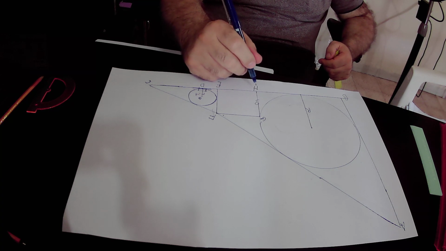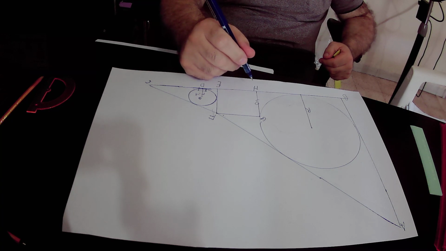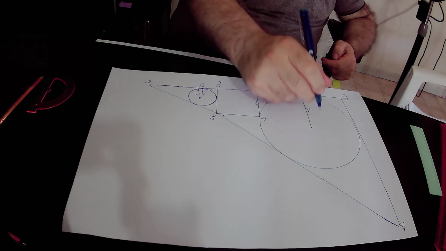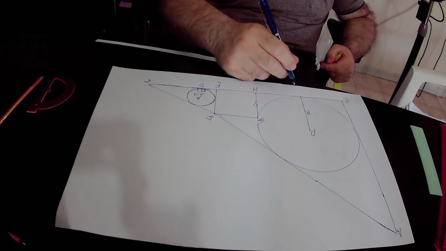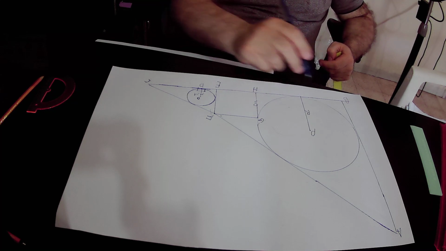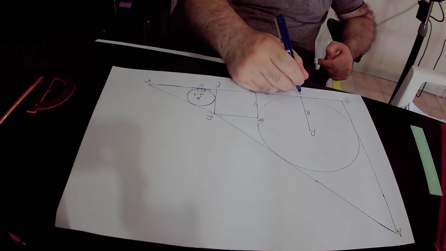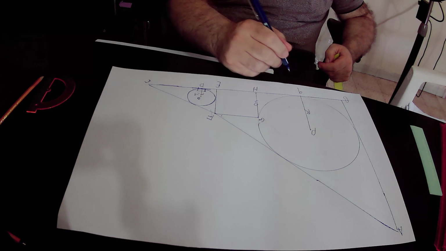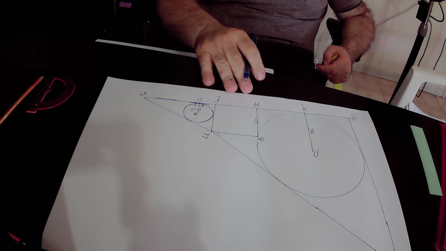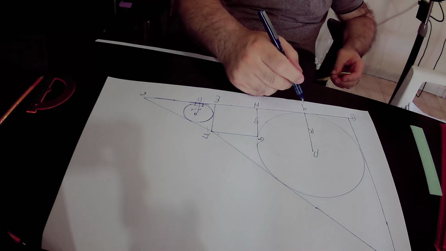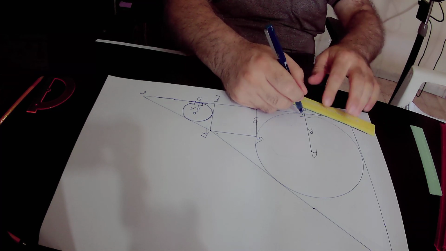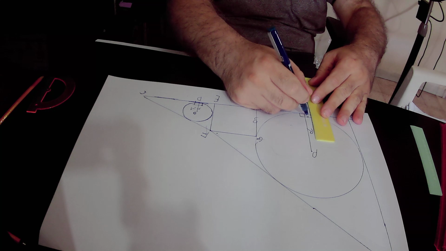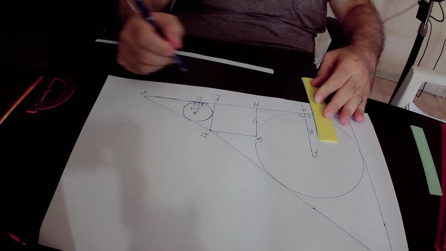We will define the center of the big circle as point P. We will define the point of tangency of tangent BC with the big circle as Q. So here we have the radius PQ that is drawn to the point of tangency. Therefore, according to rule number 1, this angle equals 90 degrees, and this angle will also equal 90 degrees.